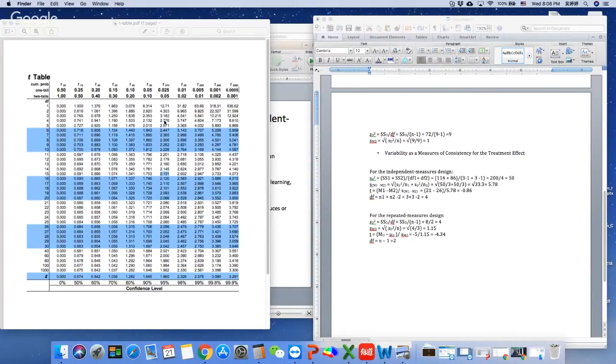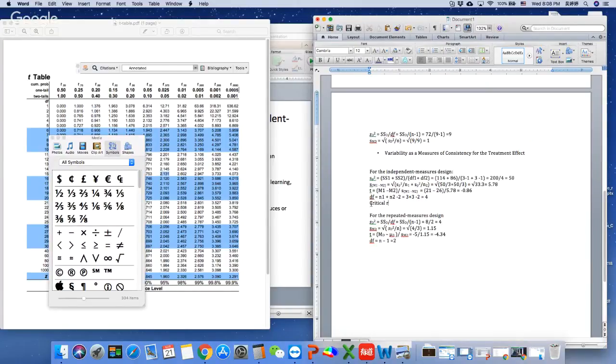So the critical region is T smaller than negative 2.776, or T greater than positive 2.776.